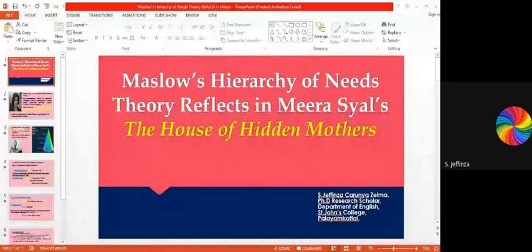They are living in London, but they are searching for a surrogate mother and they reach India. So Mala is the victim of these two people. Then we are going to see the second need, that is the safety need.